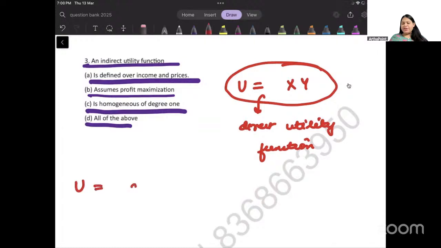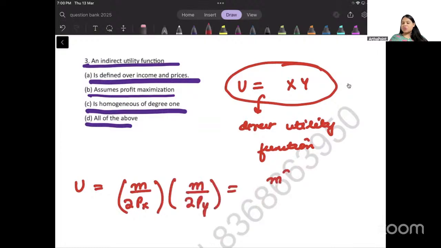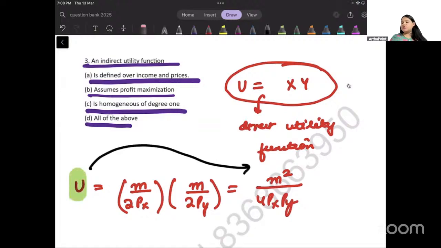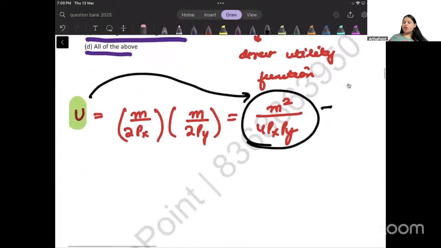And when we had written our utility function like this, m square by 4 px py, when we write our utility function in terms of income and prices, उसको हमने बोला था इनडायरेक्ट यूटिलिटी फंक्शन.